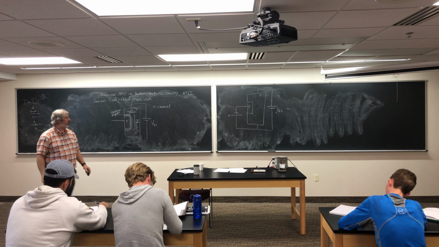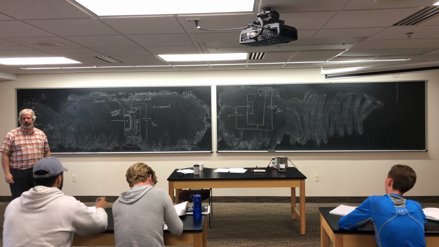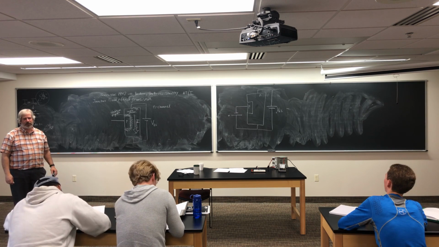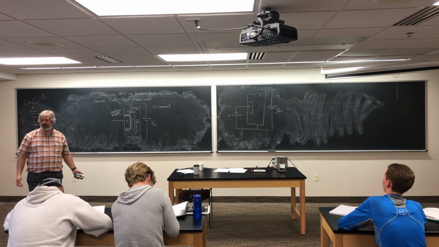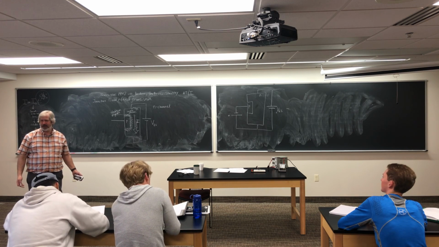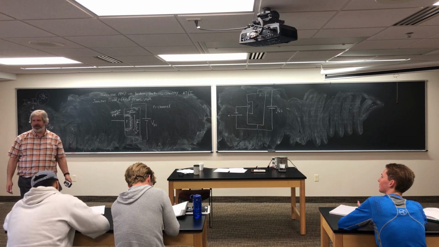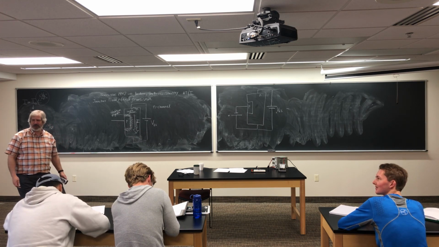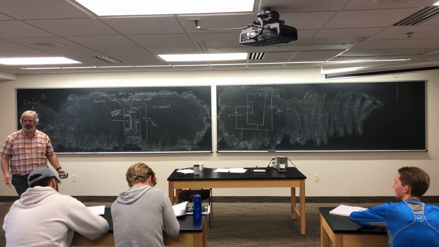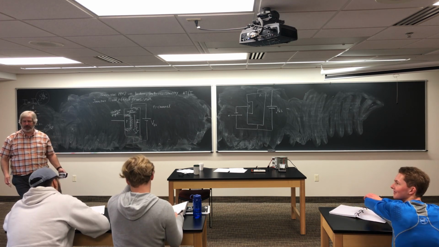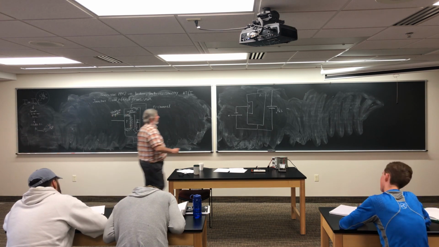What happens to the depletion region when you reverse bias? Does it get smaller or does it get bigger? Or what does it do if you reverse bias? Does that depletion region get bigger or smaller? It gets bigger.